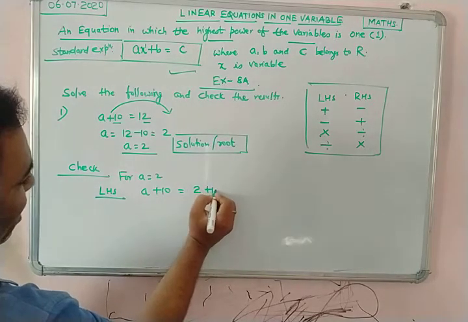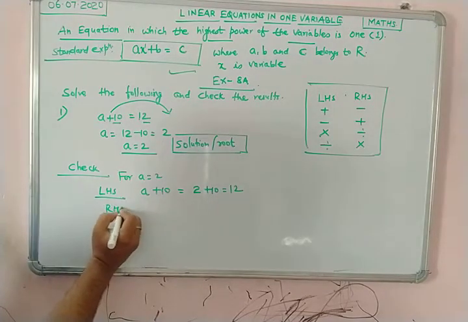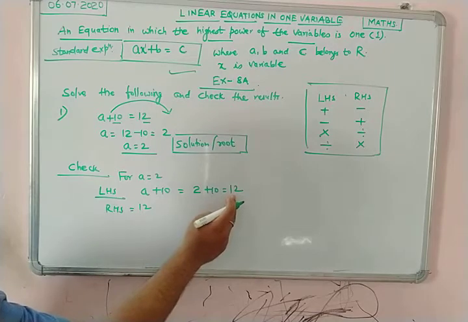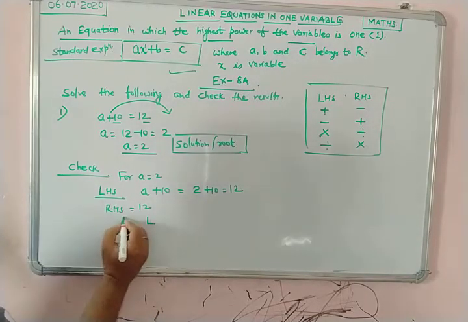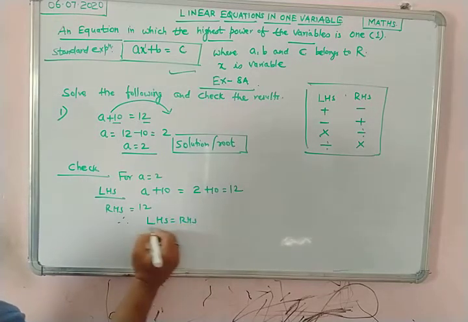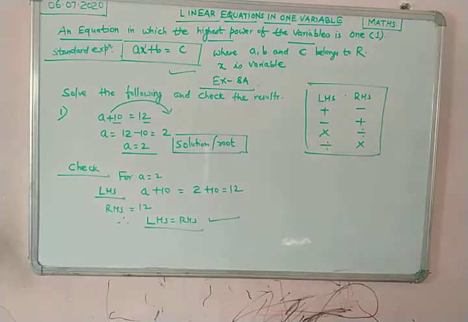So 2 plus 10 will give you 12. And the RHS value is already given as 12. So LHS is 12, RHS is also 12. So hence LHS equal to RHS. This is the verification we will do in the remaining questions as well.